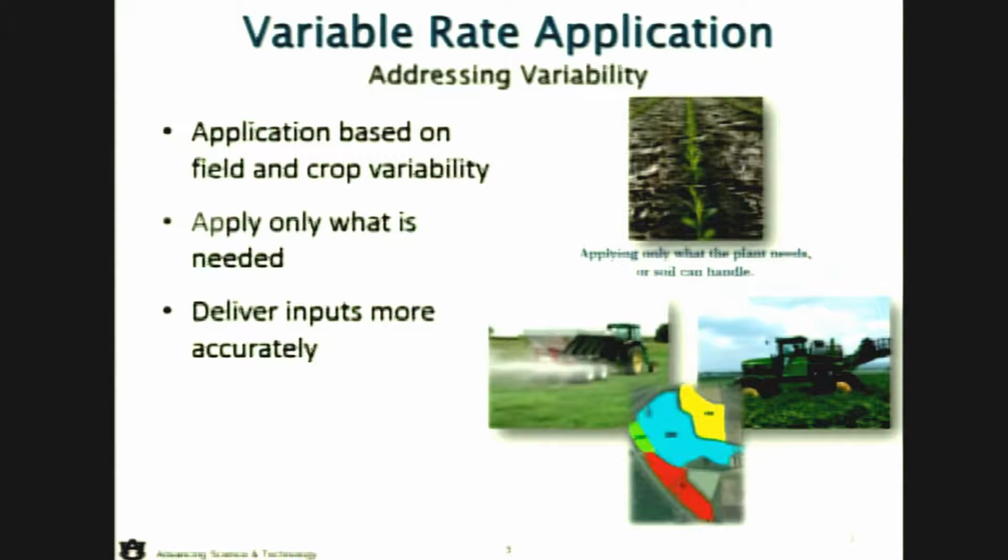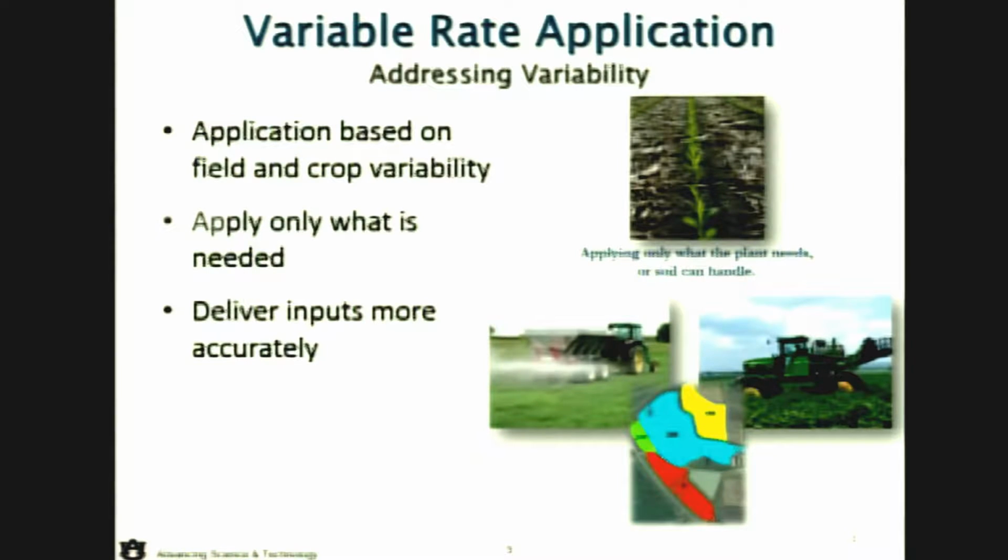And the big thing we promote in all this, at the end of the day, when we break fields into either zones or grids, is that we're going to be able to more accurately deliver inputs for the crops that we grow on our farm. Variable rate application, or VRA, is a term that a lot of people use, and variable rate technology is the second level. We've got to have the technology in order to implement the VRA program that we choose.